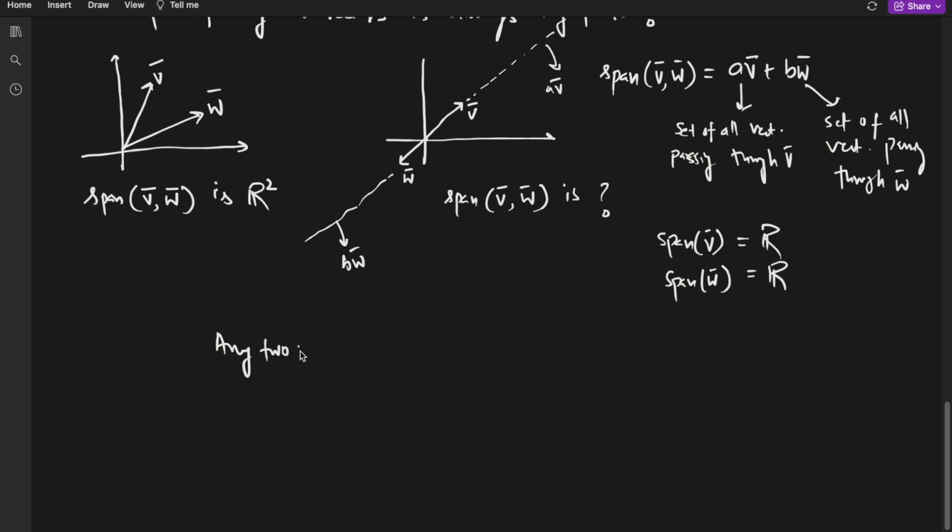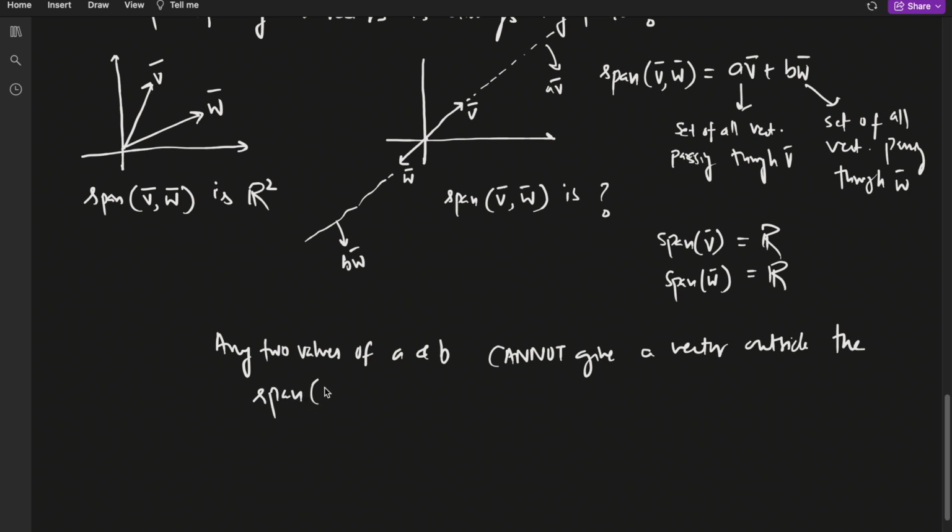Any two values of A and B cannot give a vector outside the span of V or span of W.